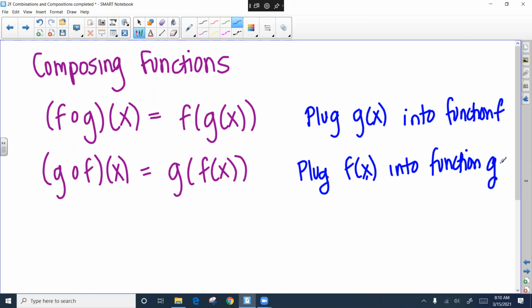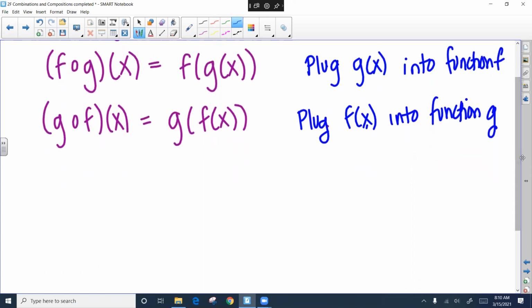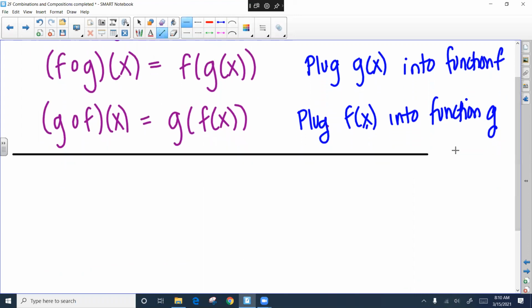So like we did before, we'll actually go ahead and use the same two functions, but I'm going to have you practice now a composition of functions. I'll leave that up at the top so you can look at. And these are the two functions we're going to use, same ones we had before.